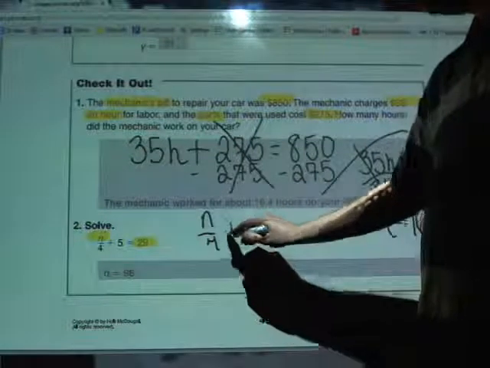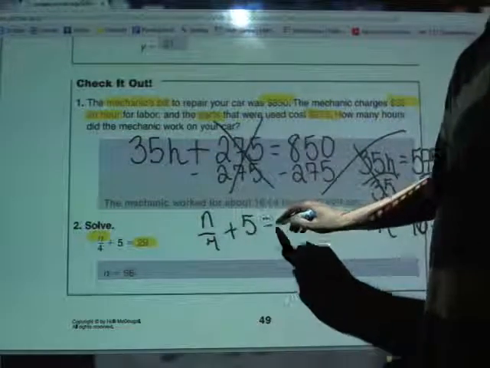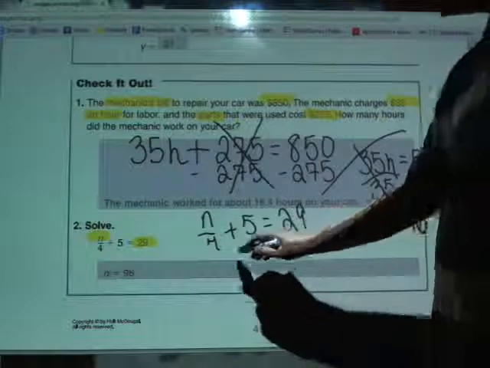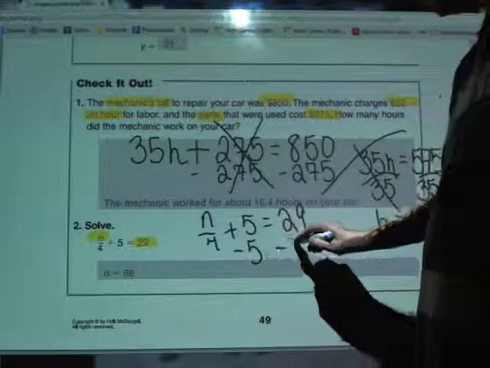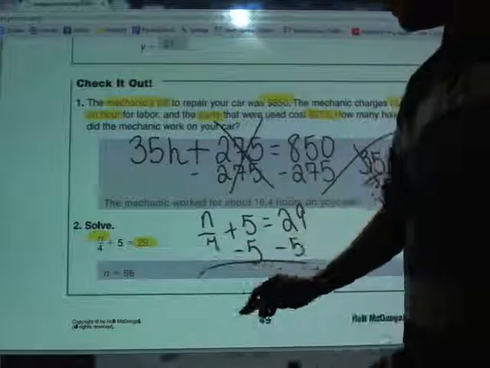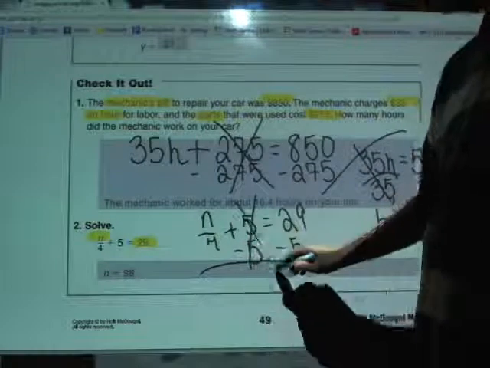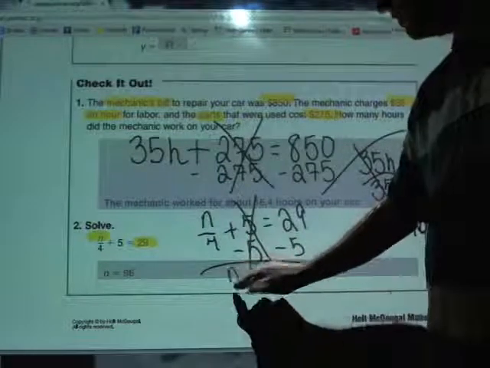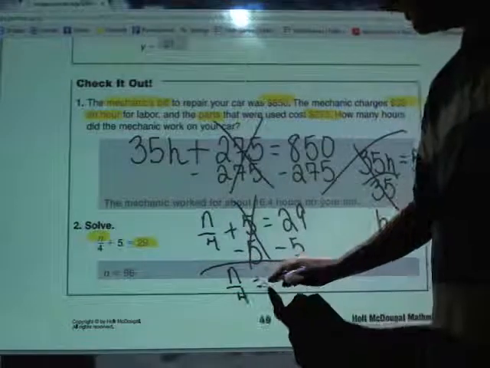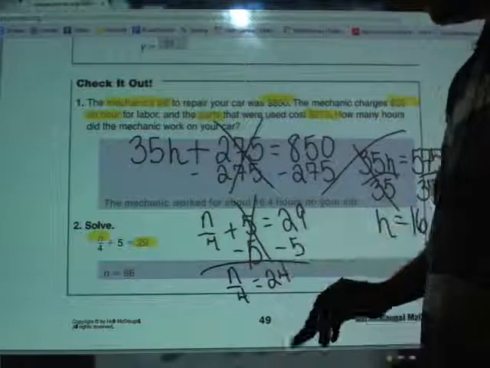So, remember, when I want to move something to the opposite side, I do the opposite, so I'm going to subtract 5 all the way across here. And when I subtract 5 here, of course, these 5s will cancel each other out, and will leave me n over 4 equals 24.